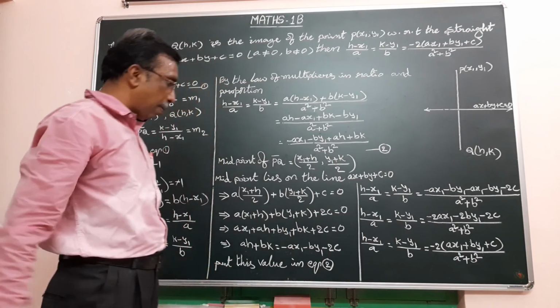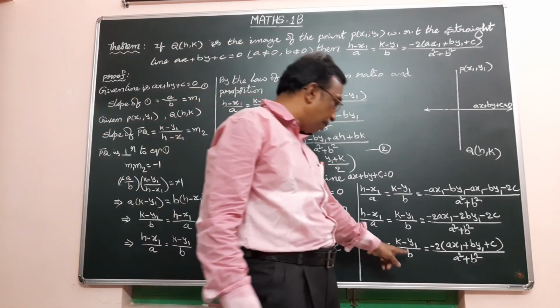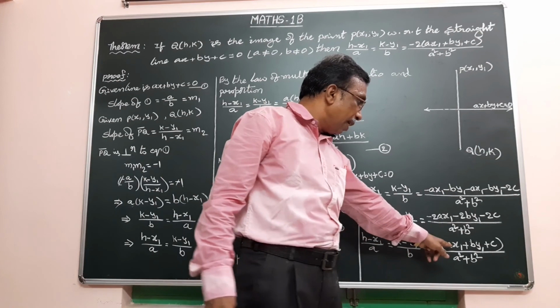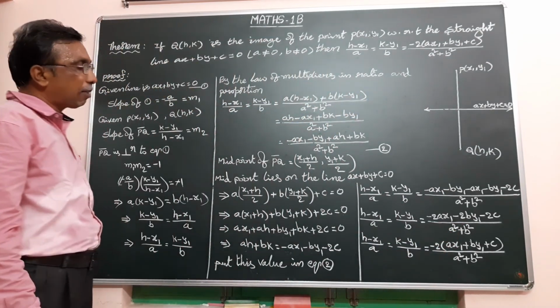H minus x1 by a equal to k minus y1 by b equal to minus 2 into ax1 plus by1 plus c by a square plus b square.